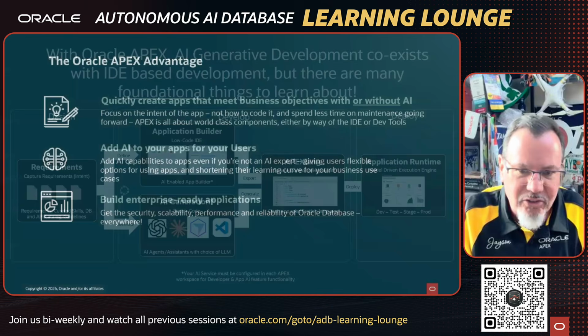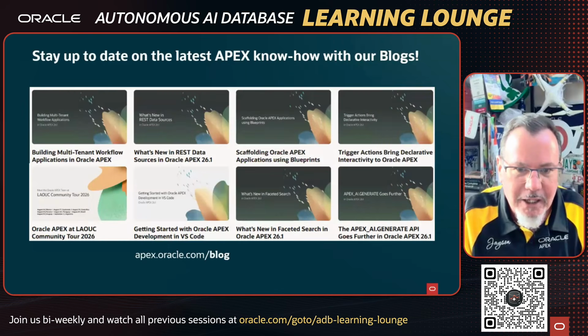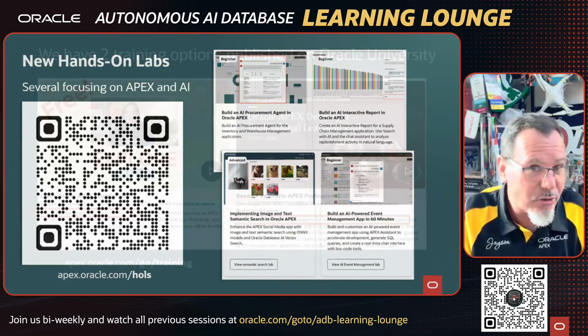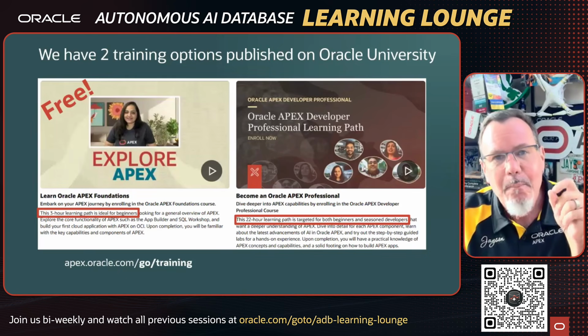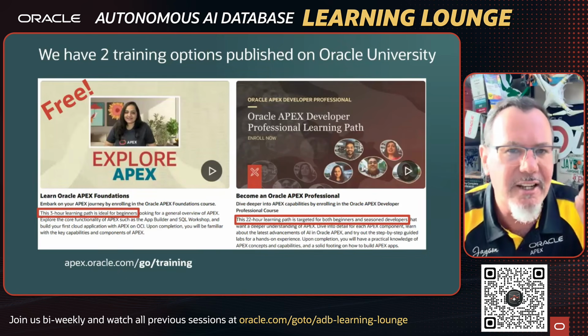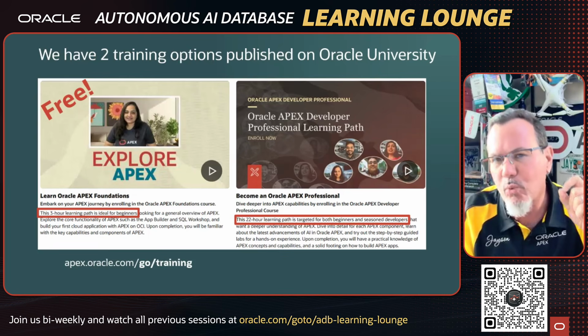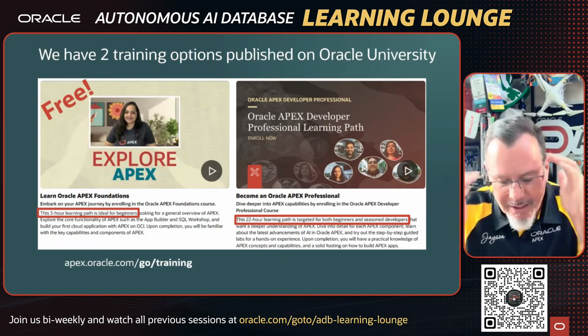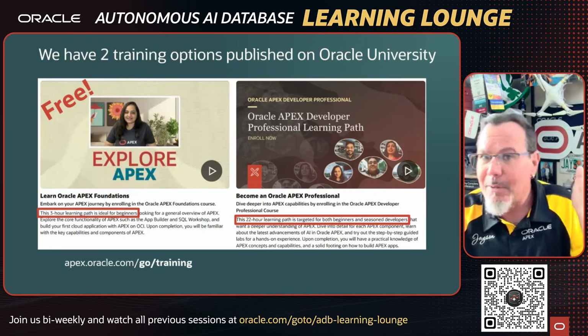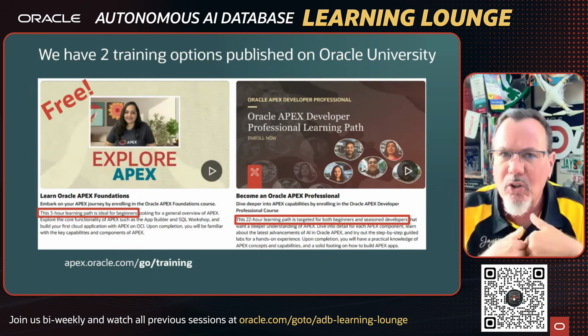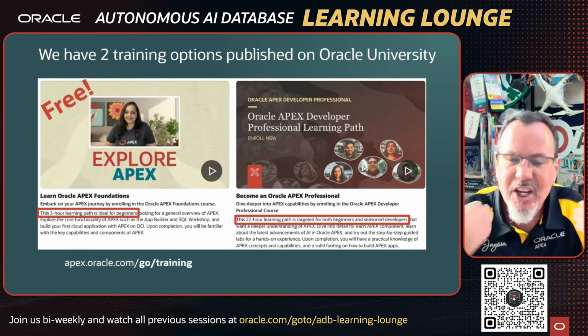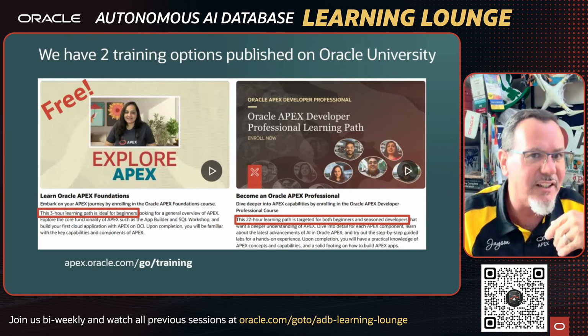So in fact, if I just jump back here really quick, go back a few slides, to this training. All this training is currently available at Oracle University, but the screenshots and the content focus primarily on APEX 24.2. And you may think to yourself, oh, that's old. That may be true, but all of these concepts are still foundational. As Oracle APEX developer professionals, you still need to learn all of these content points.